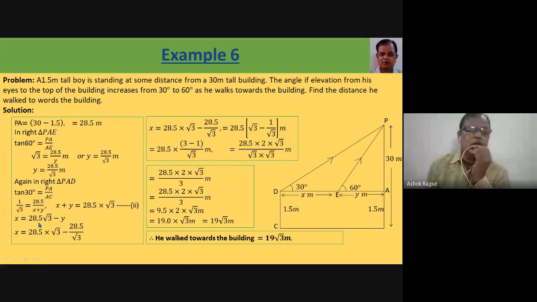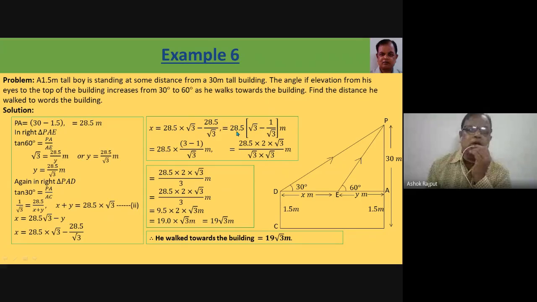Then x equal to 28.5 into root 3 minus y, so x equal to 28.5 into root 3 minus 28.5 by root 3.